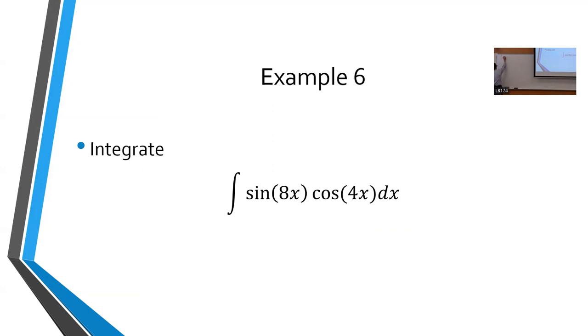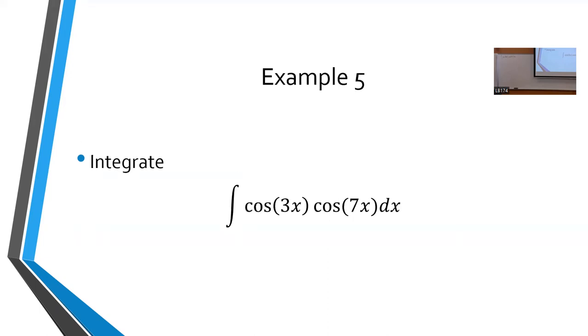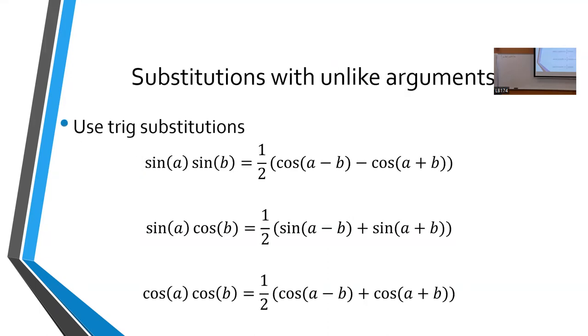This time, sine of 8x multiplied times cosine of 4x. I want you to take just a minute and use one of those exchanges to solve that problem.